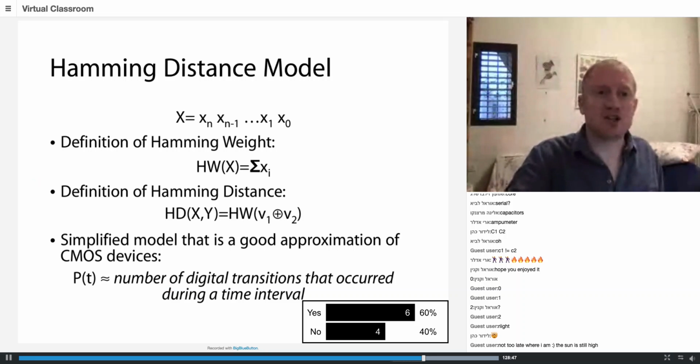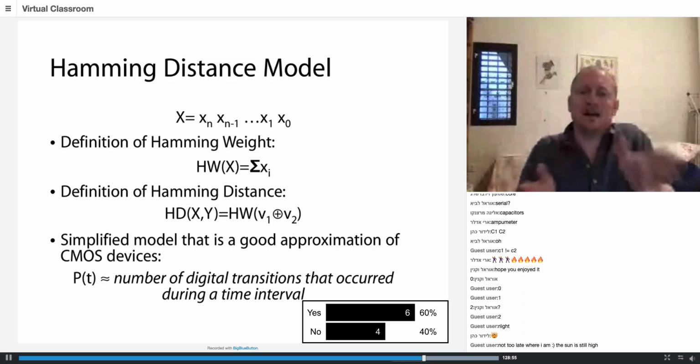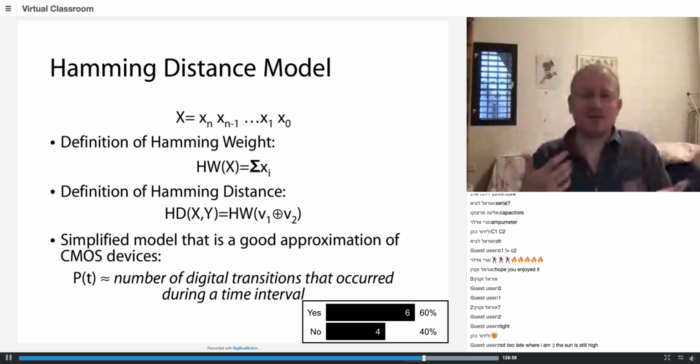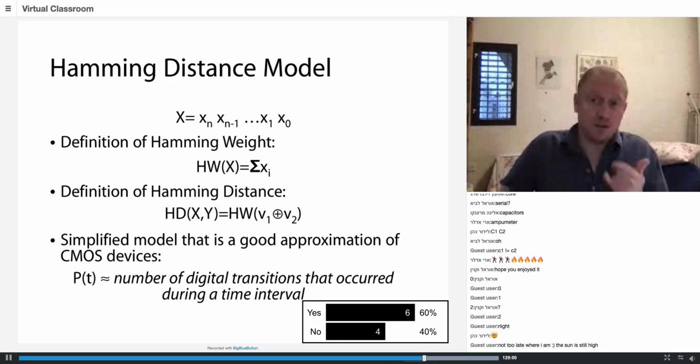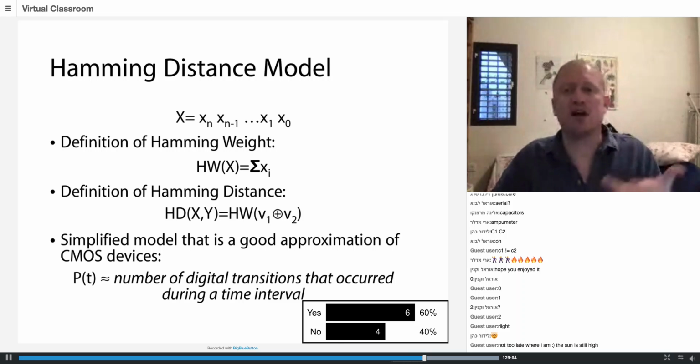So if more bits change, I would have higher power consumption. If fewer bits, then less power consumption. This is an arbitrary simplification, but it's very, very effective. You'll see it is effective because most of the logic devices are CMOS. Very, very good assumption.